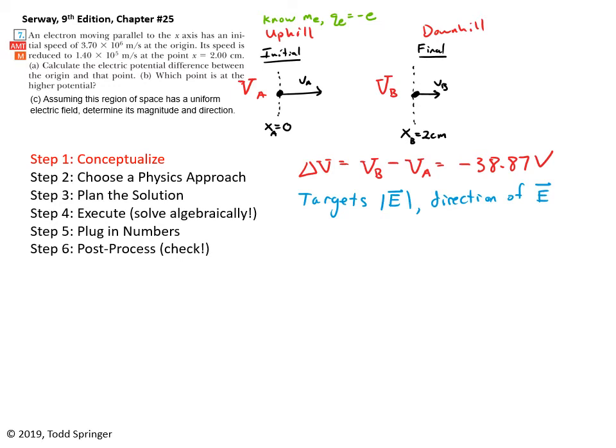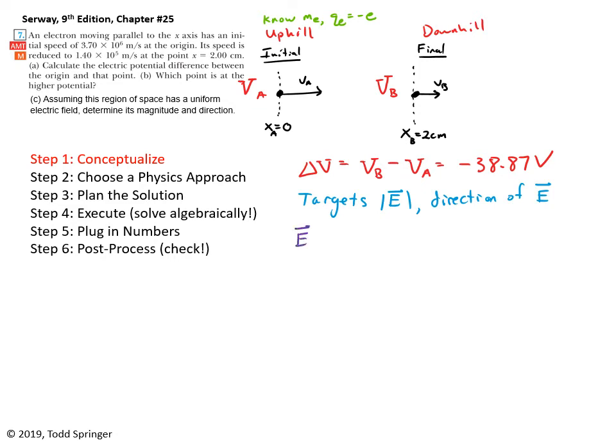So the first thing we can do is start thinking about the direction of the electric field. We've done everything we can with energy, so we have to start thinking in a different way now. The direction is conceptual, so there's a couple ways we can think about the direction. One way is to remember that the electric field points from uphill to downhill of the electric potential.